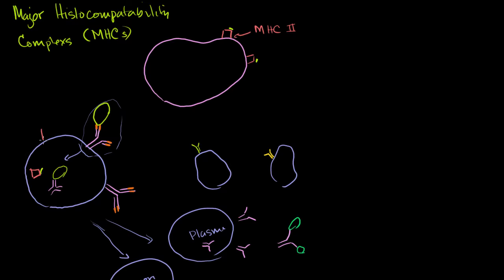So a B cell will also present the antigen. This is an MHC II complex, a major histocompatibility complex. Just so you know, histo means tissue, so this is related to whether something is compatible with the tissue in your body. We'll talk more about that and how it relates to transplants. So this is an MHC class 2.